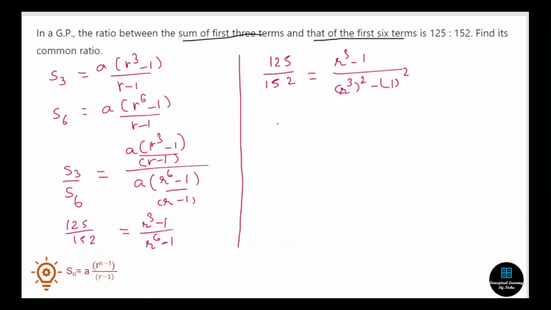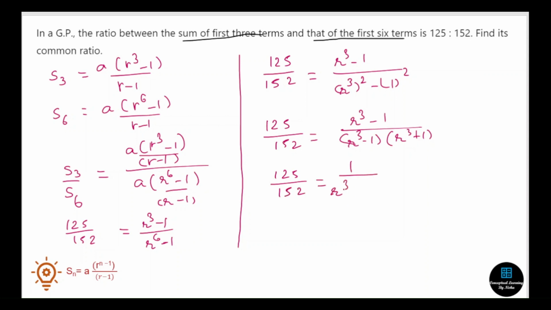By applying the a square minus b square identity, I can write this as r cube minus 1 into r cube plus 1. So I can cancel out r cube minus 1, and it is left with 1 upon r cube plus 1.